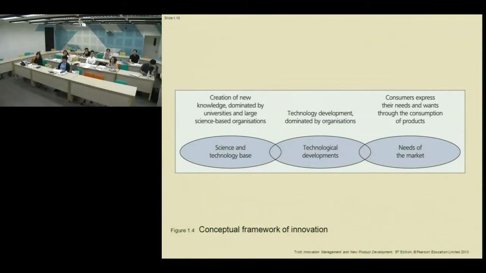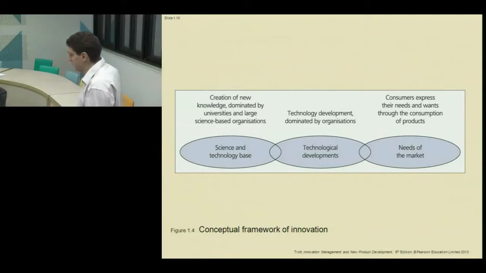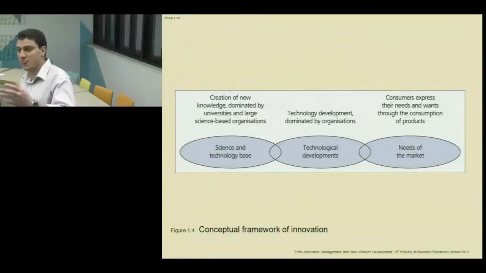At some point you will have to develop your own conceptual framework. This is a good example of the conceptual framework of innovation. It's a combination of different concepts that come together and illustrated by a framework.